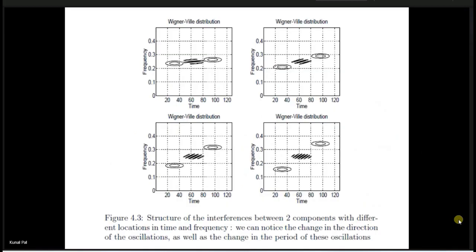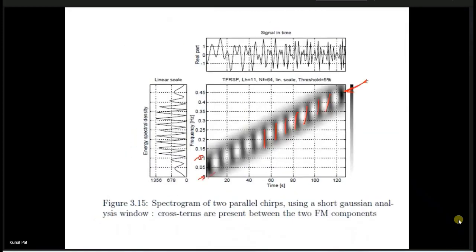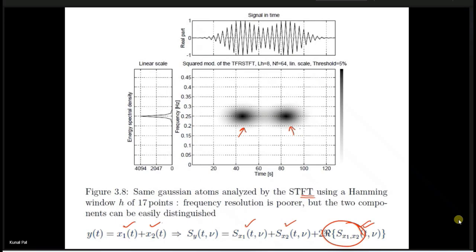So let's first take two blocks of signals. Okay. And it is basically the same signal we discussed, these atoms.